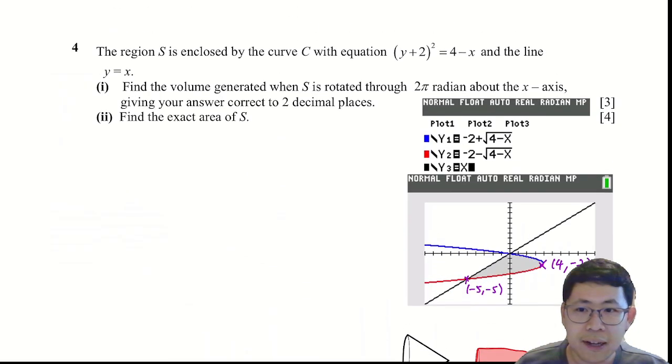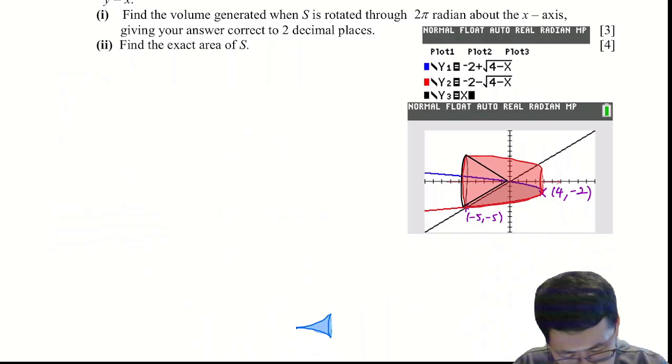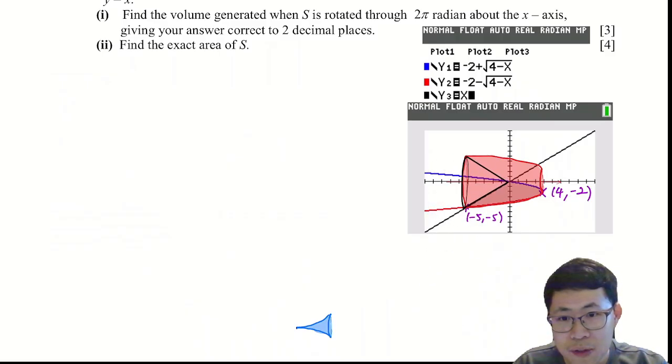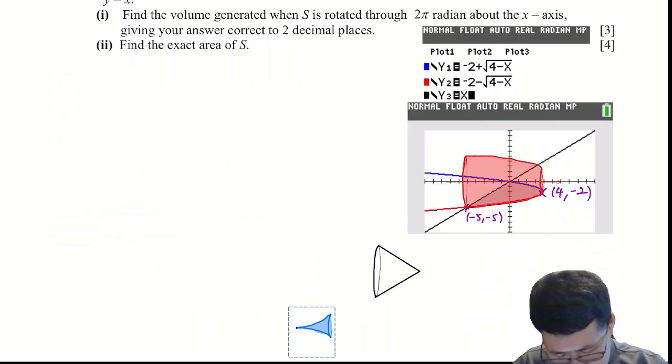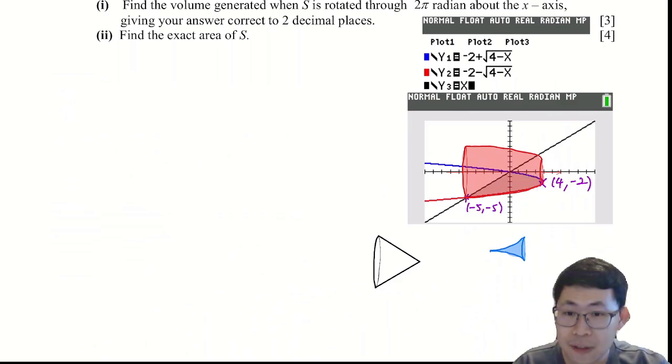Hopefully we can see that now we have this volume generated over here, and what you need is to minus away this cone. So this cone on the inside will be taken out. At the same time, the volume inside here will also be taken out.